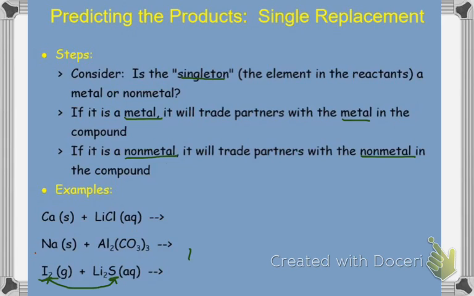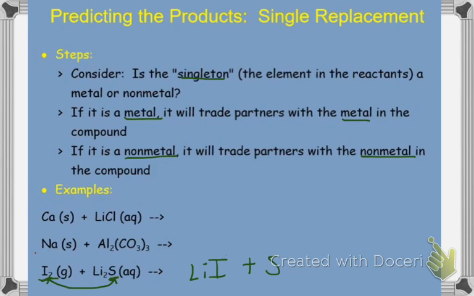So lithium is a +1. Iodine is a -1, so that means my formula would simply be LiI. And that would leave sulfur as the remaining element. It is not a diatomic element, so S is my formula.